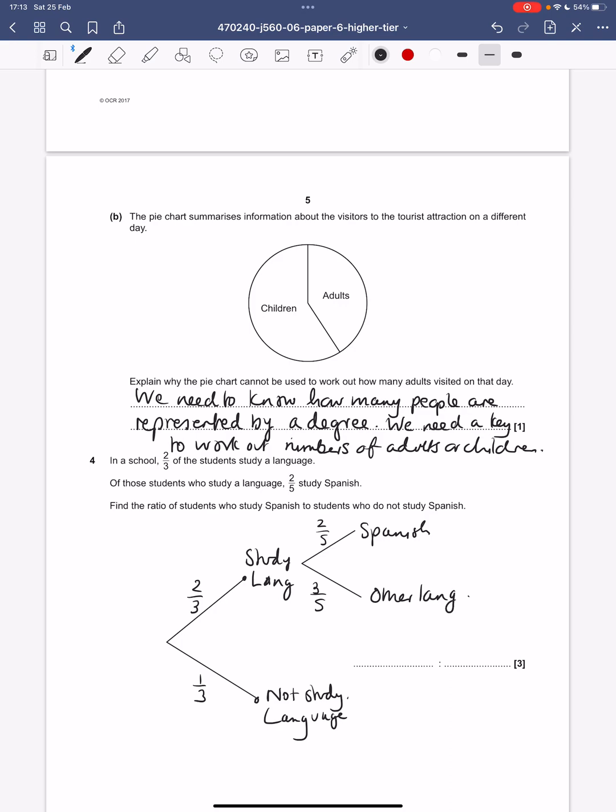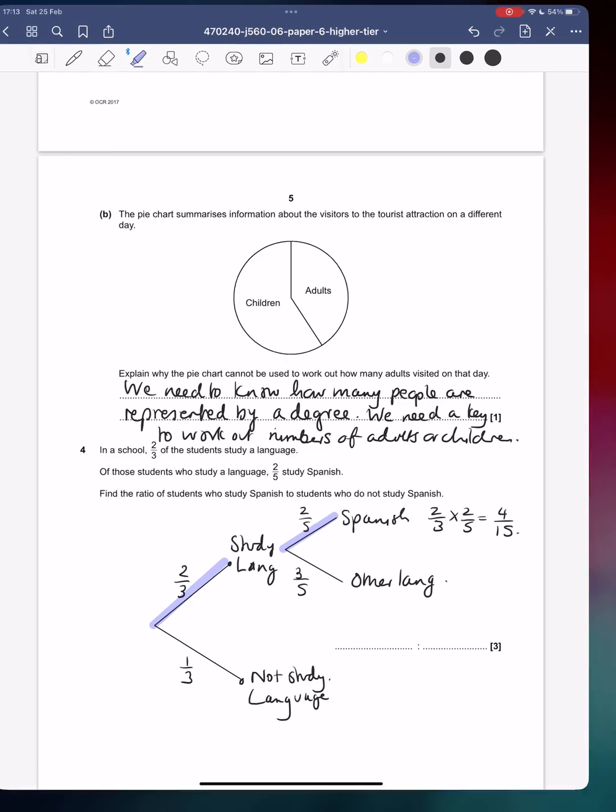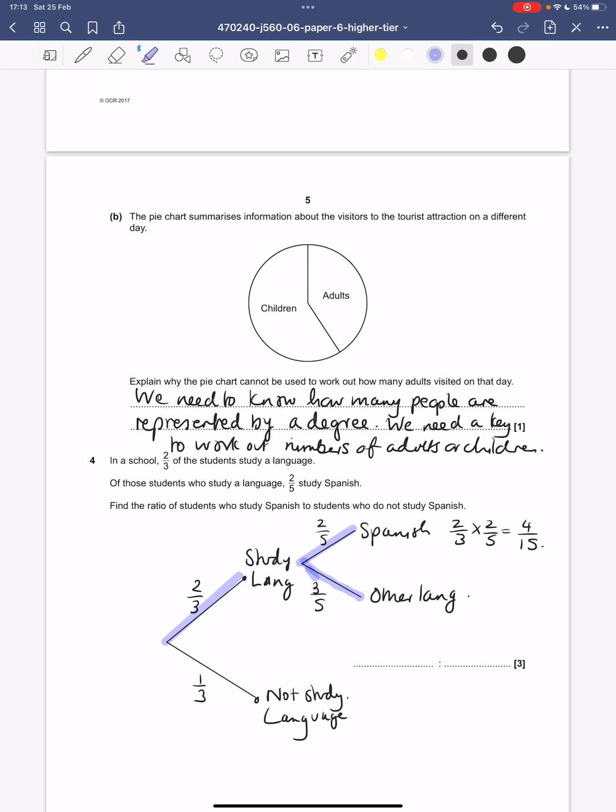Okay, find the ratio of students who study Spanish to students who do not study Spanish. When we go down the tree diagram, we multiply. So it's 2/3 times 2/5, so it's 4/15. Going down this one, it's 2/3 times 3/5, which is 6/15. That does cancel, but I'm not going to worry about that now.